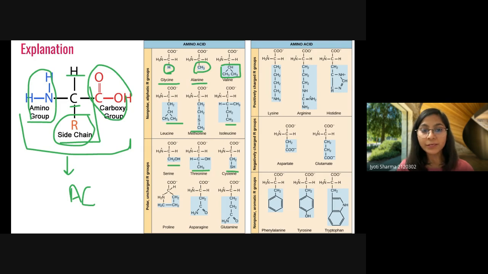And we have a total of 20 amino acids. So all the proteins we have in our body are composed of 20 amino acids, right? Just keep in mind that if these amino acids are attached to each other using a polypeptide bond, then this will make the protein.